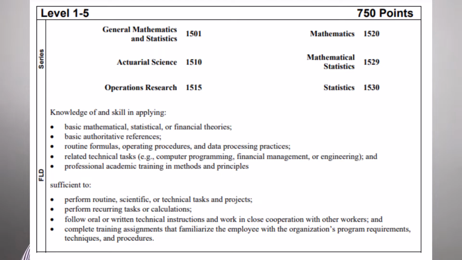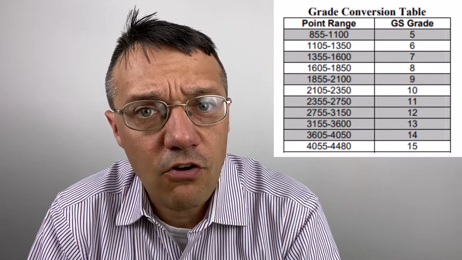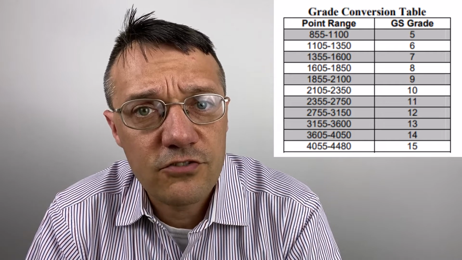Each factor has a set of levels that differentiate the difficulty associated with that factor. Each factor and level combination has a number of points associated with it. And if you total up all the points across all factors, you can compare that to a grade conversion chart that tells you what GS level is associated with the position description.